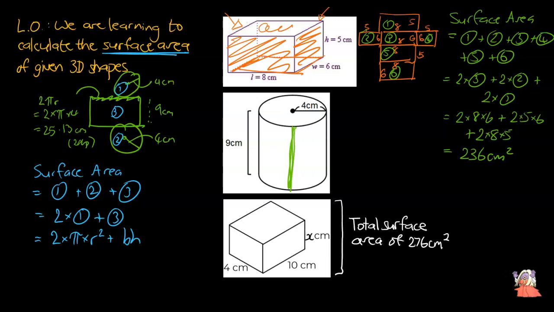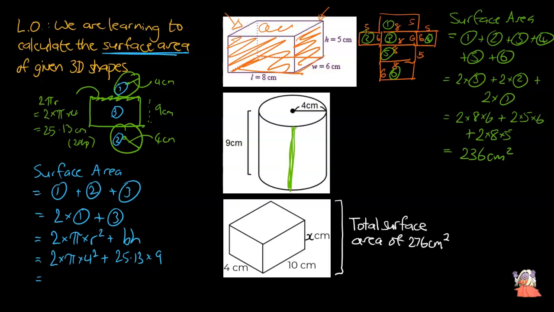I'm now going to substitute because I actually know what r is, I know what the base is, and I know what the height is. So 2 times pi times 4 squared. We're then going to add 25.13, which is the base of the rectangle or the circumference of the top circles, and we're going to multiply that by the height of 9. Equals, this is when we're going to need our calculator. No way I'll be doing this by heart.